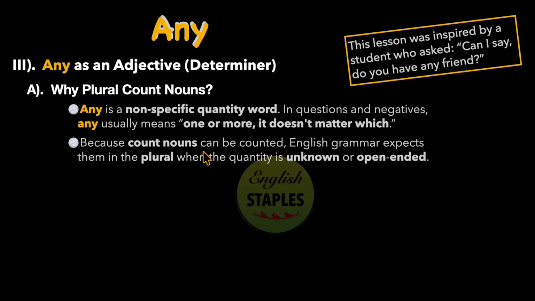Because count nouns can be counted, English grammar expects them in the plural when the quantity is unknown or open-ended, just like with any, right? Because count nouns can be counted, English grammar expects them in the plural when the quantity is unknown.